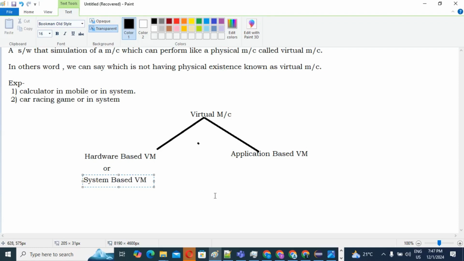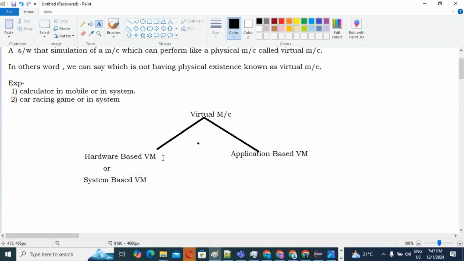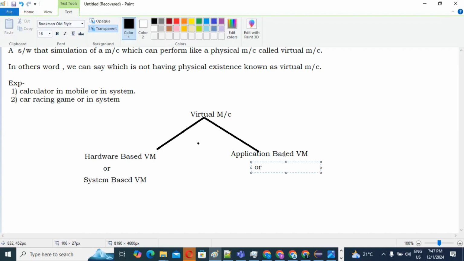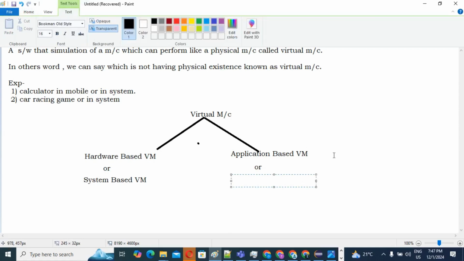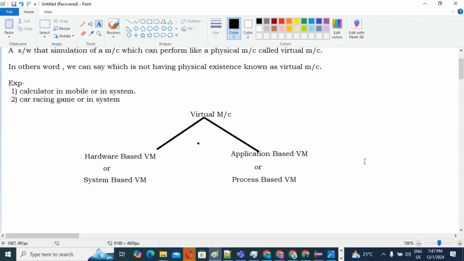You need to understand it in such a way, because hardware based virtual machine is just the same as system based virtual machine, and application based virtual machine is just like a process based virtual machine. Our main agenda is we should know what is hardware based virtual machine and what is application based virtual machine, same as system based virtual machine and process based virtual machine.